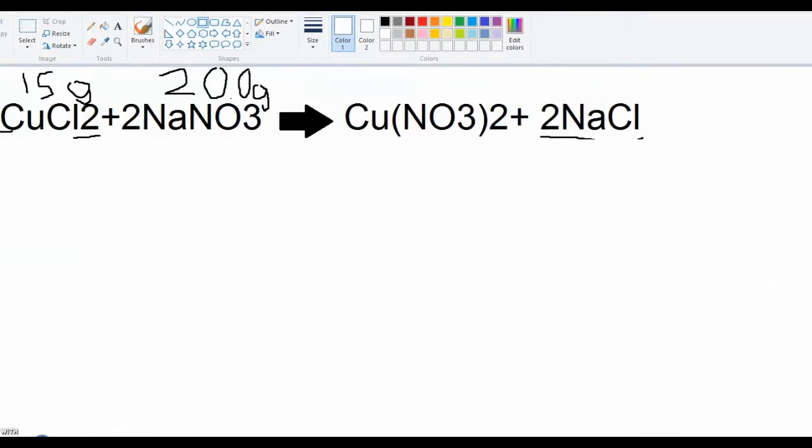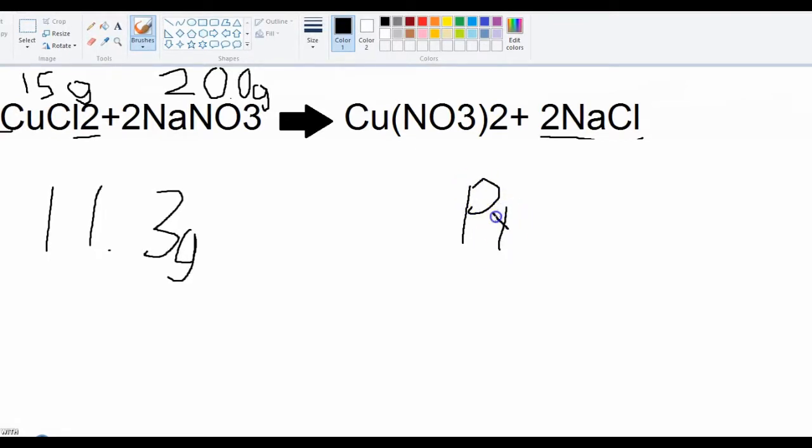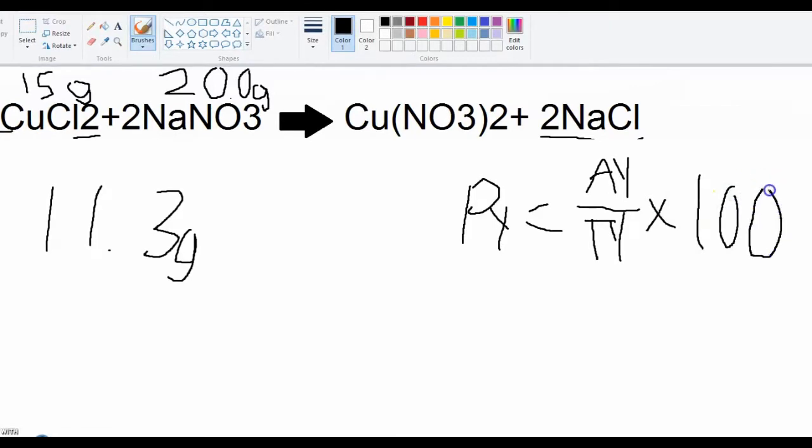So let me just clear this. All right, so it says this comes out to 11.3 grams, but this is our actual. If you remember how to find percent yield, it is percent yield equals actual yield over theoretical yield times 100.